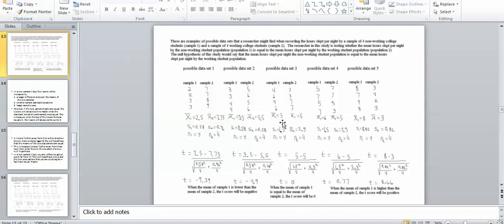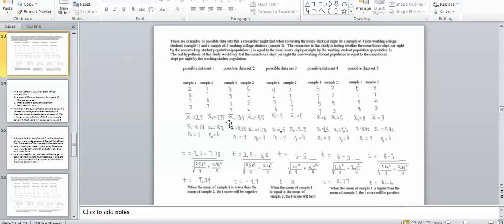So as we move in this direction, the mean of sample 1 is getting further below the mean of sample 2, and it's starting to show more evidence that the mean of population 1 is lower than the mean of population 2.